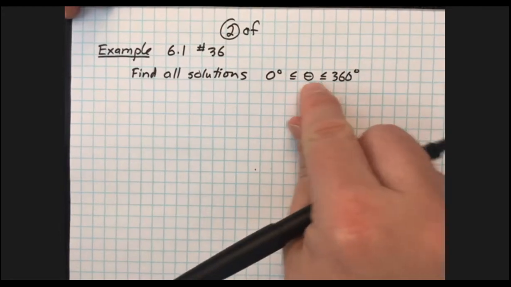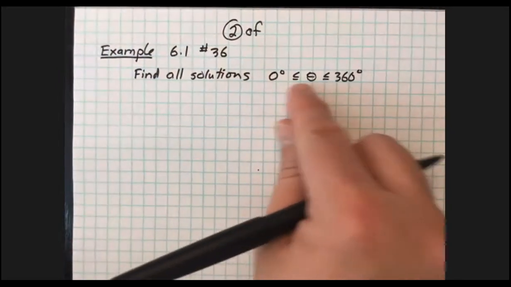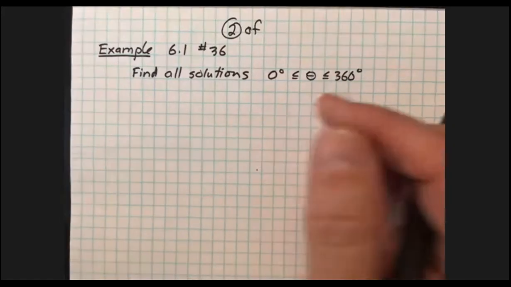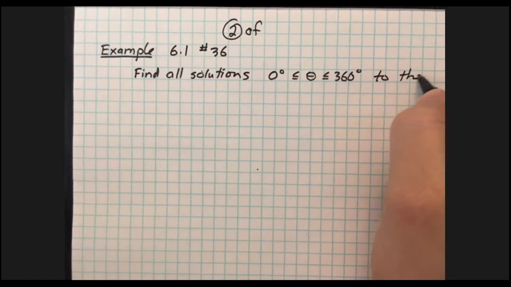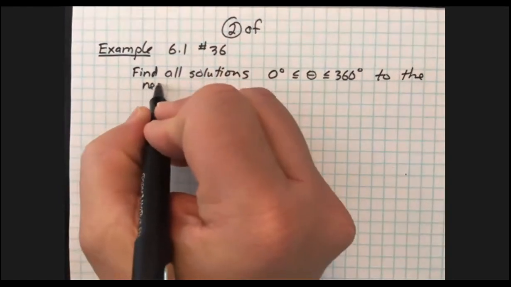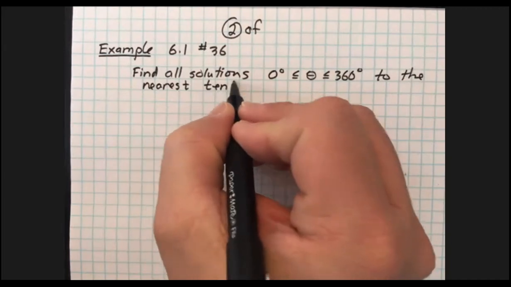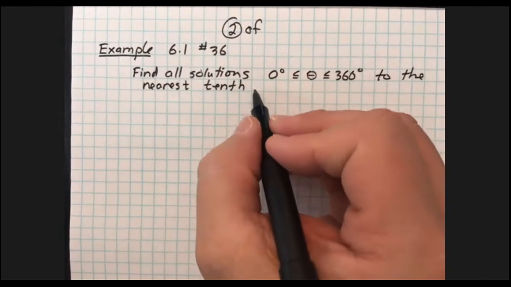Sometimes people leave off one of these equal signs, not the other. I don't think that's a major problem. I always consider both the endpoints in there. To the nearest tenth of a degree. Now there's an indication right there that maybe this won't be a happy, sweet angle, that I'm going to have to approximate something, right?